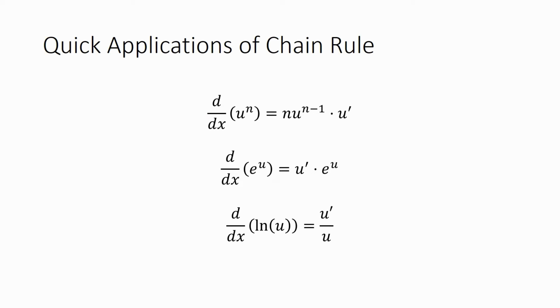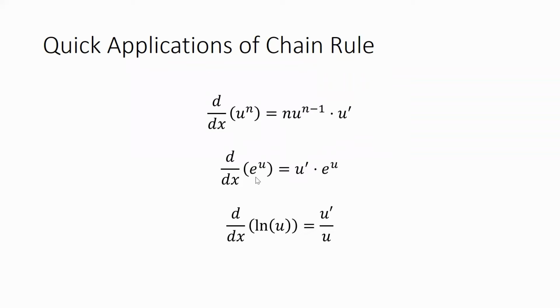Here, we're taking derivatives of common chain rule environments. So the derivative of u to a power is going to be that power comes out front, u to the power minus 1, multiplied times u prime.